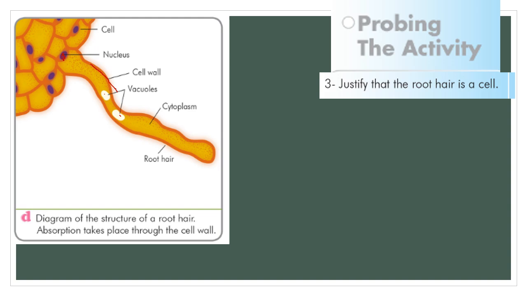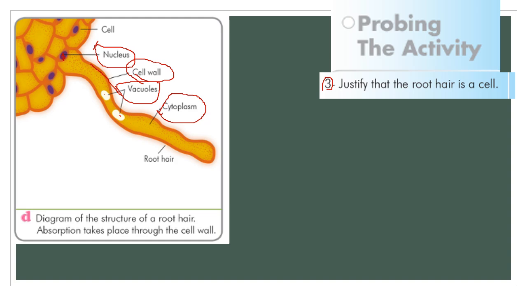Now, I want you to solve activity number 3. Justify that root hair is a cell. What do you think the answer is? What are the main parts of a root hair? We have nucleus, cell wall, vacuoles, and cytoplasm.